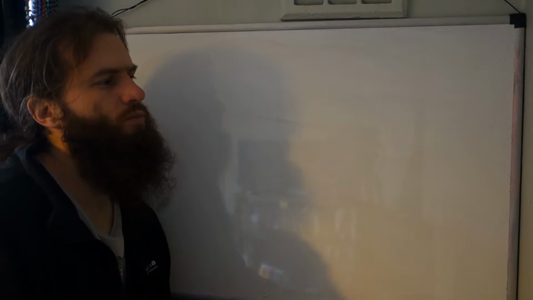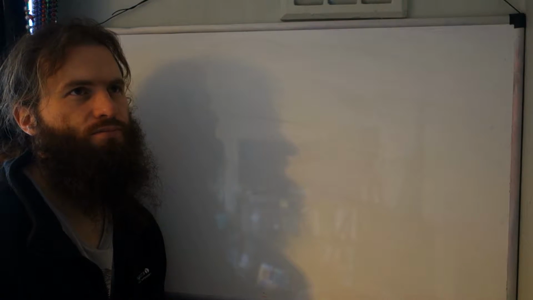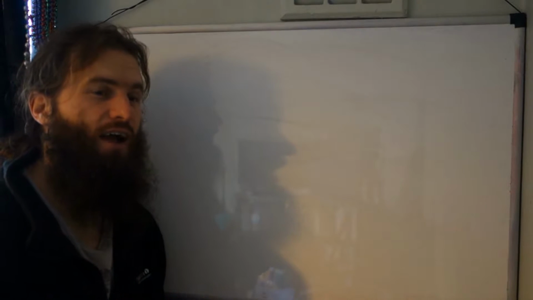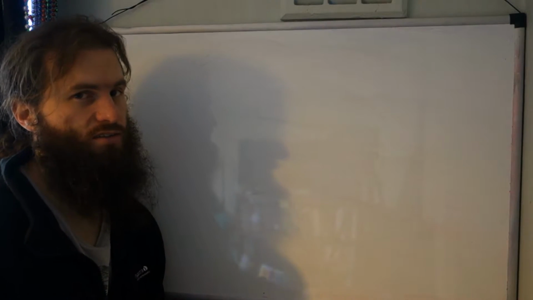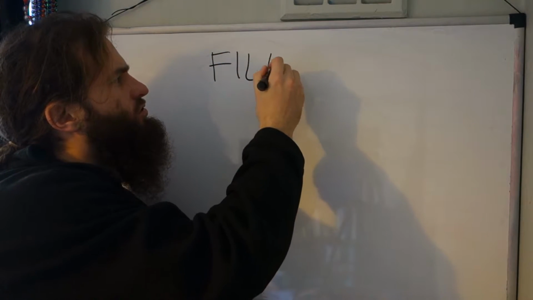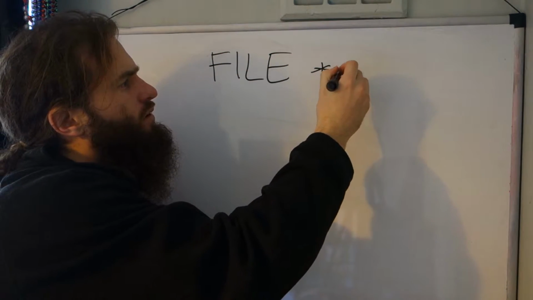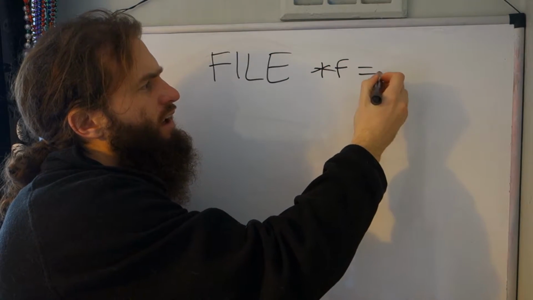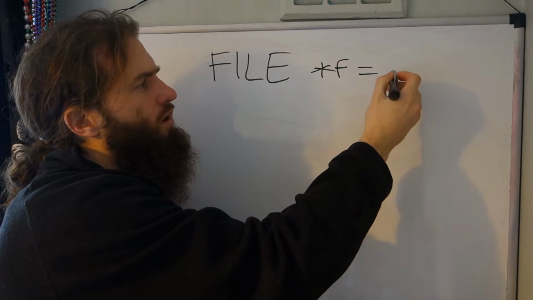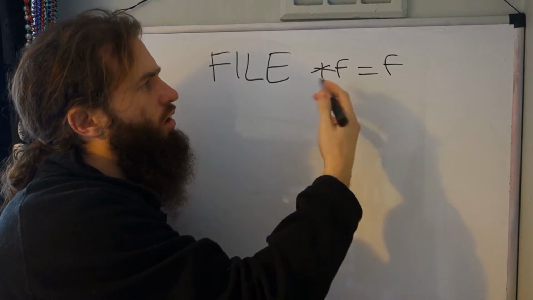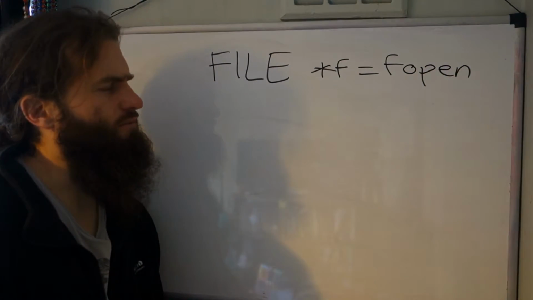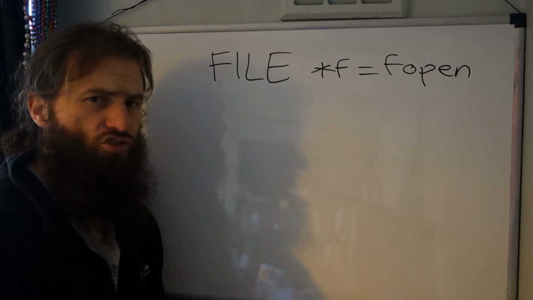There are two primary file access APIs in Unix. The first one uses a file structure, and all of the API operations, well, most of them, are prefixed with an F. So to open a file, you use the function fopen, and this is in stdio.h.